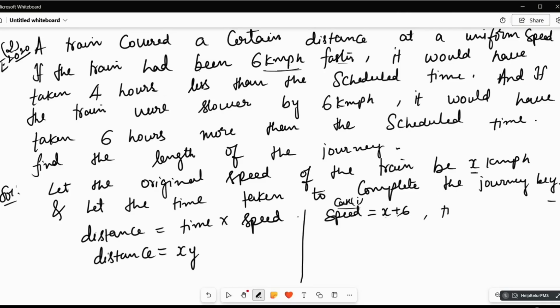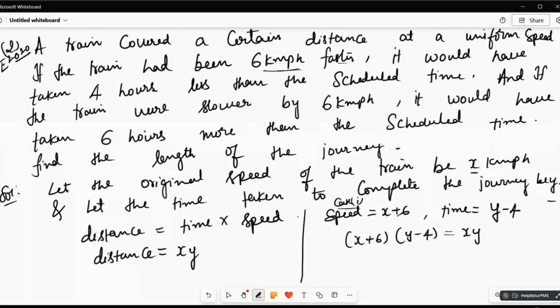So time is equal to y minus 4, 4 hours less than the usual time. But the distance it is traveling is the same, correct? So here, x plus 6 into y minus 4 is equal to x into y. Understood?